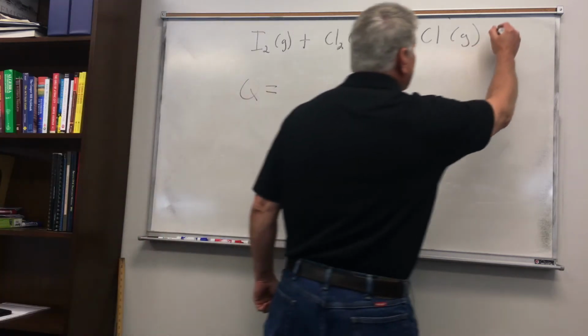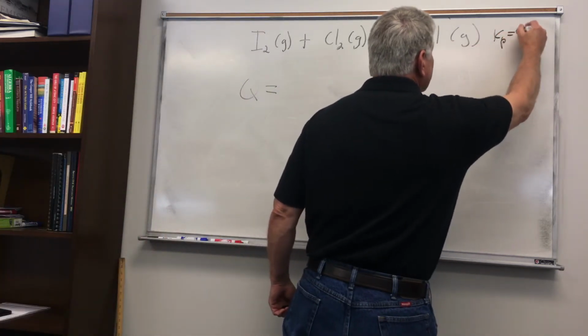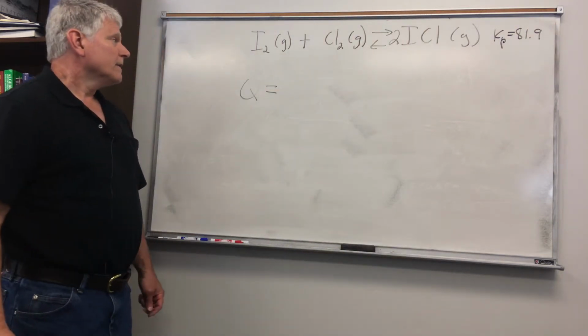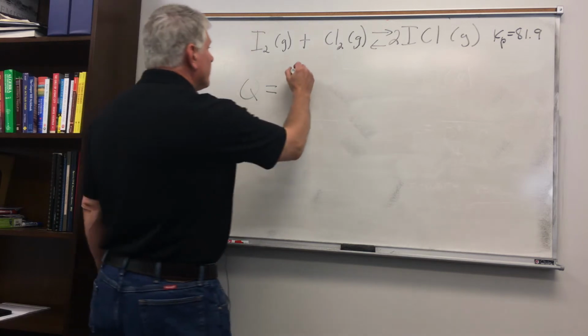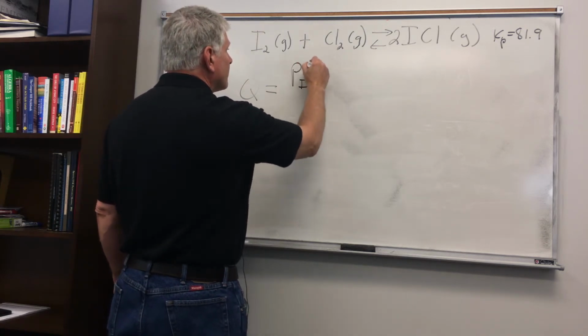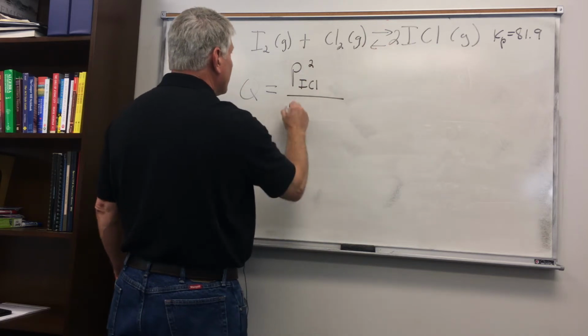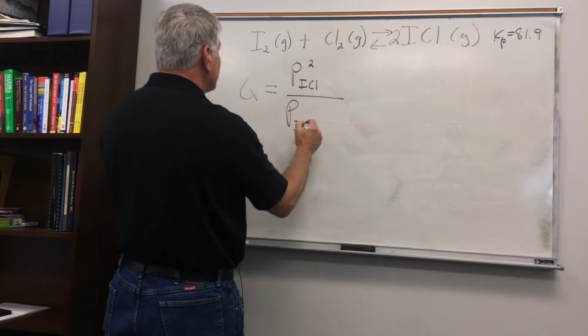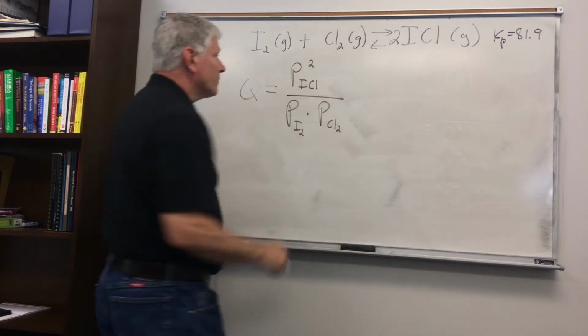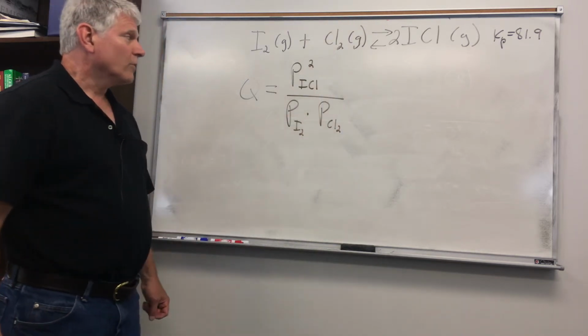So Kp is 81.9 at a particular temperature. So the reaction quotient would be the pressure of ICl squared divided by the pressure of I2 to the first power times the pressure of chlorine to the first power. So this is the reaction quotient.